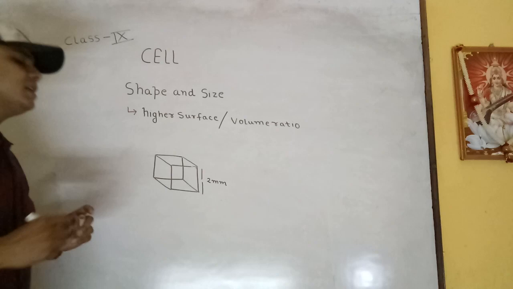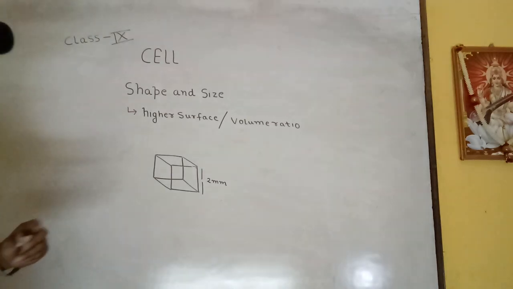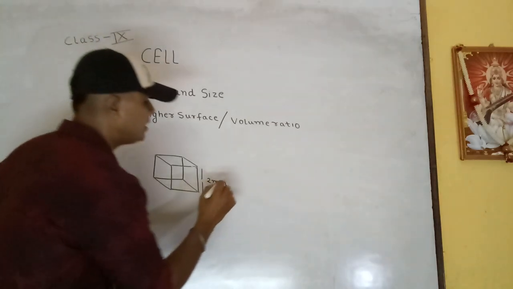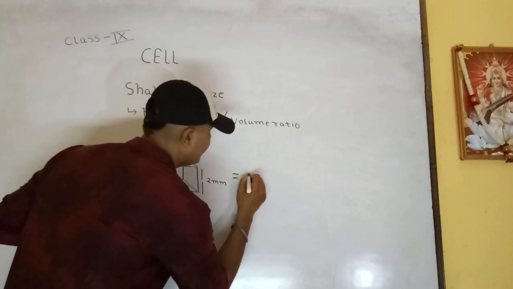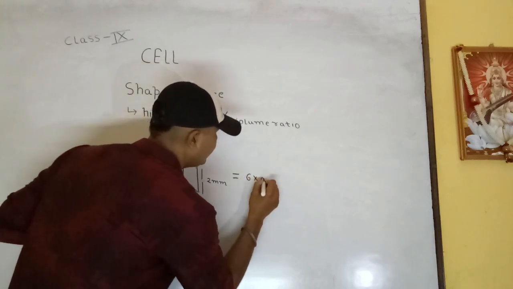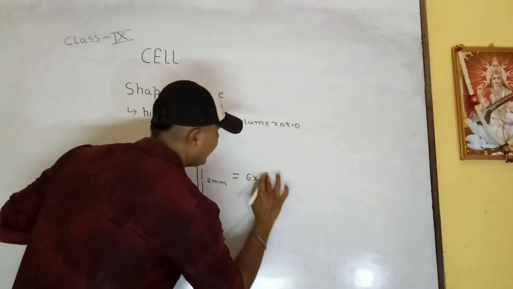What will be its total surface area? The surface area can be calculated by the formula 6a square. You already studied this in mensuration.